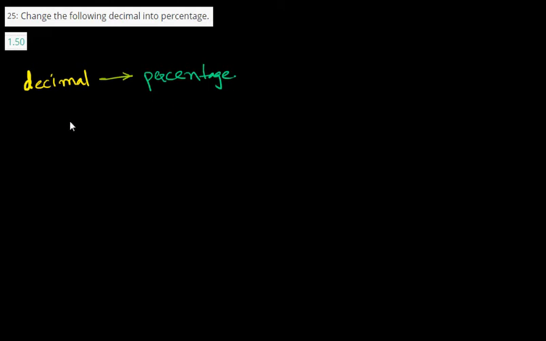Or I can also say that what the question wants us to do is to get rid of this decimal point. So we basically need to figure out a way to get rid of this decimal point and write this number as a percentage.